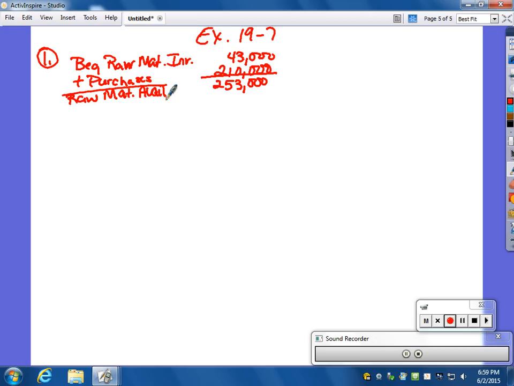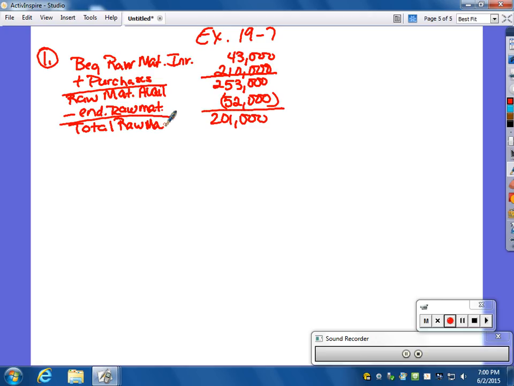Minus ending raw materials. How much is that? 52,000, which gives us what? 201,000. That's total direct materials used, the same as total raw materials used.